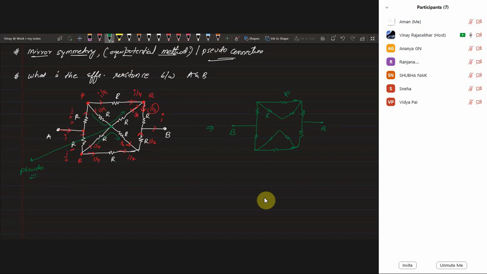I will explain this in another way. Please remember, if the upper part and lower part of the circuit are the same, then you can use the folding symmetry.